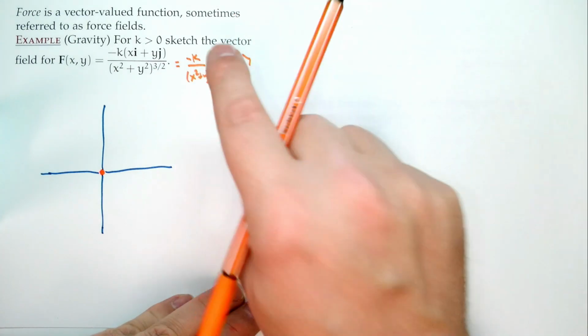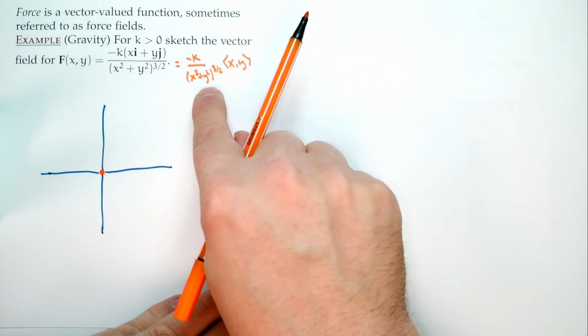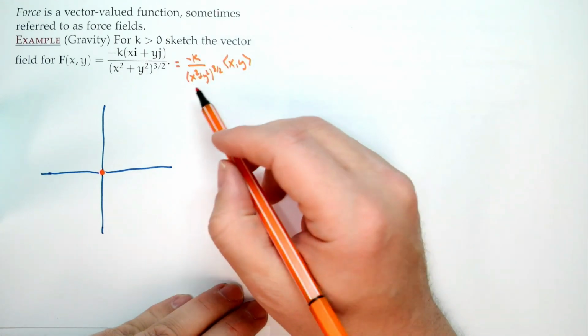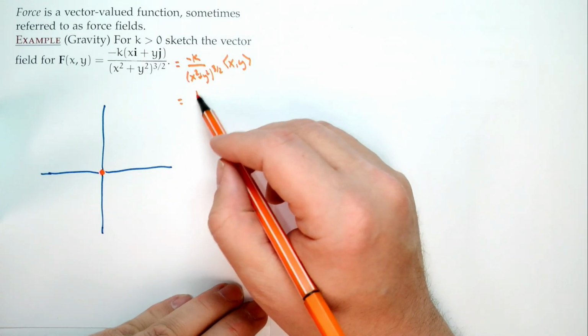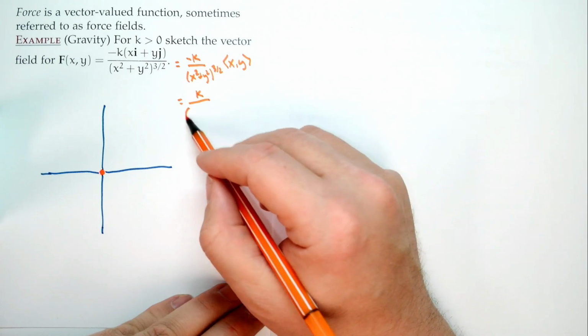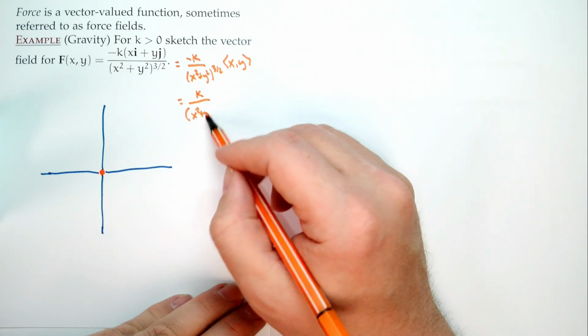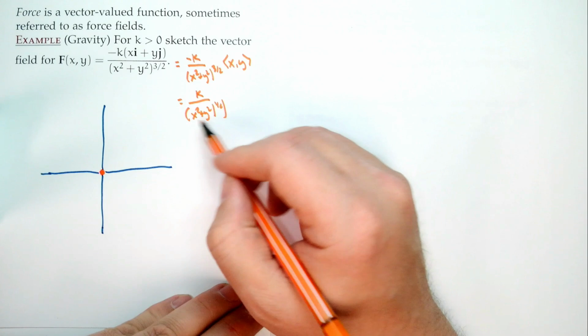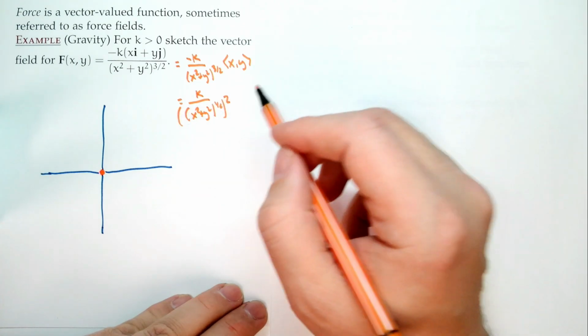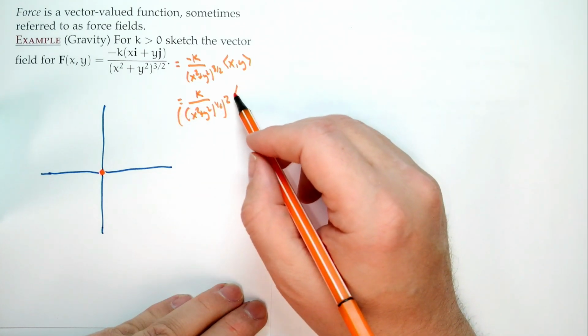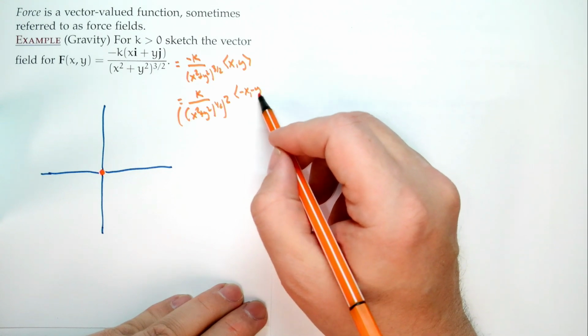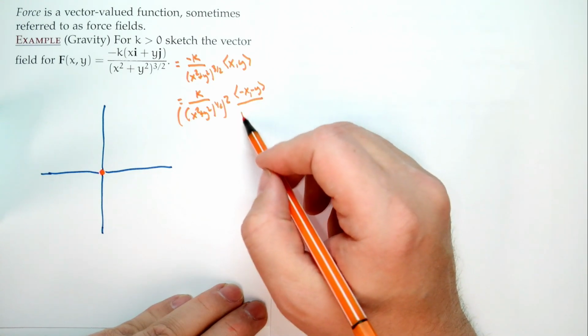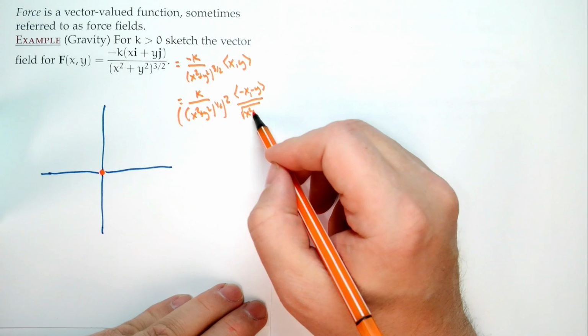I'm going to put the minus inside. Then I'm going to break this x squared plus y squared up. So this would be k over (x squared plus y squared to the 1/2) squared, and then I'm going to have minus x, minus y over the square root of x squared plus y squared.